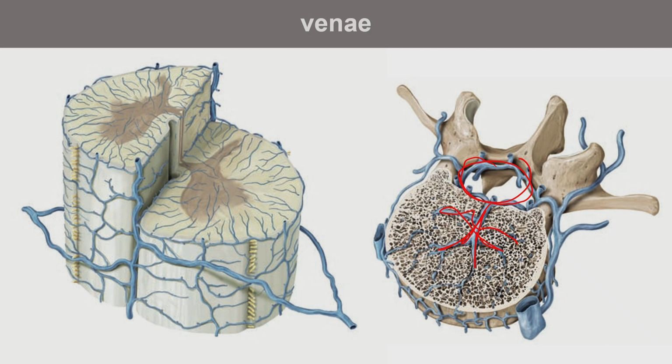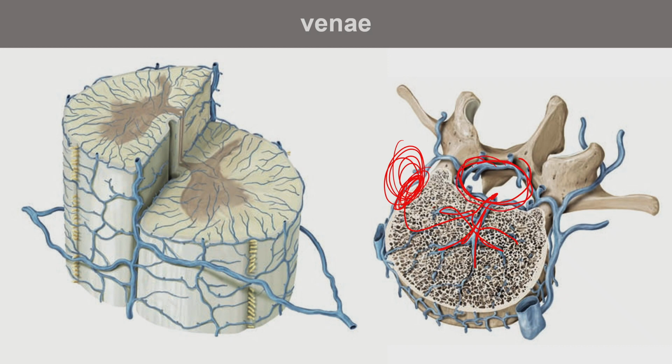So those veins have quite high flow. And you can imagine that if the infection is hosted somewhere here, in an intervertebral disc, then the infection could be transmitted to the extradural space.